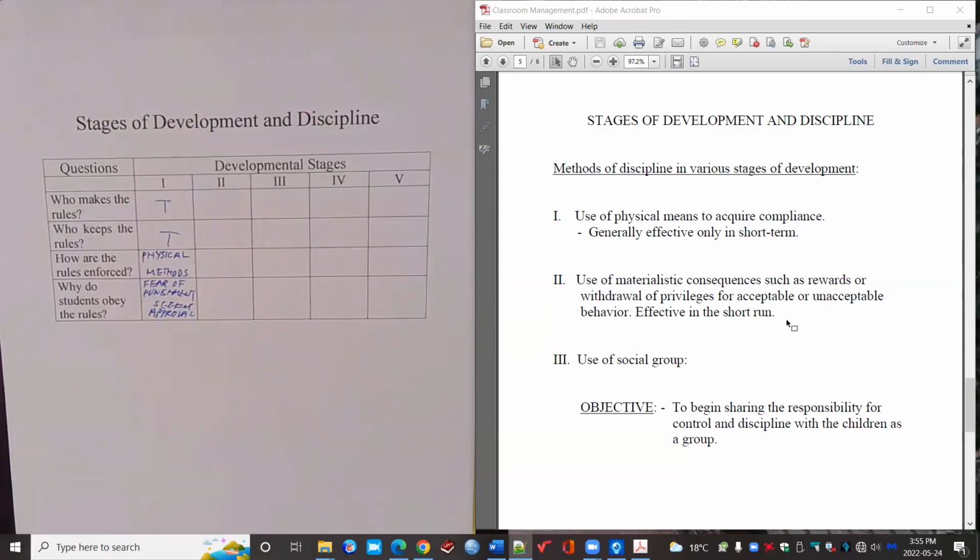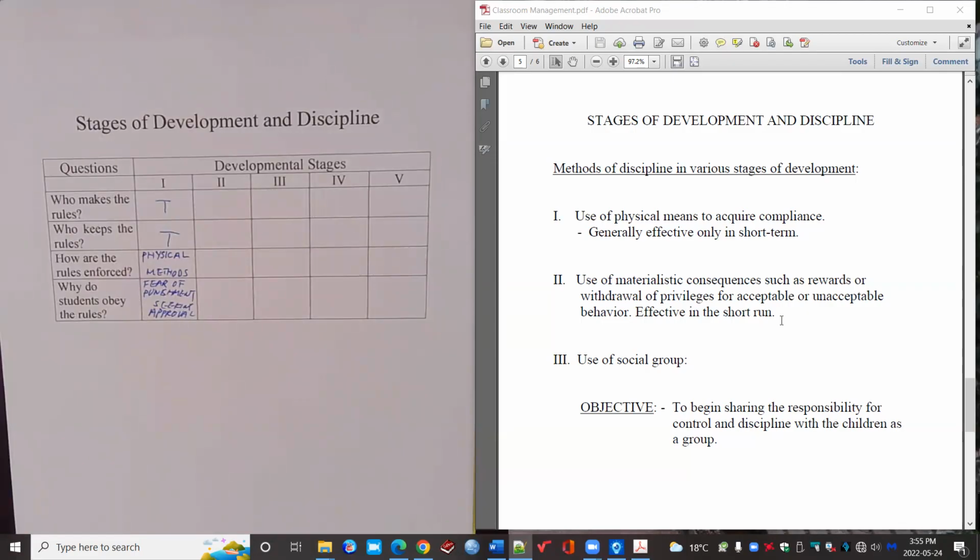Then take a look at the second stage. Use of materialistic consequences such as rewards or withdrawal of privileges for acceptable or unacceptable behavior.